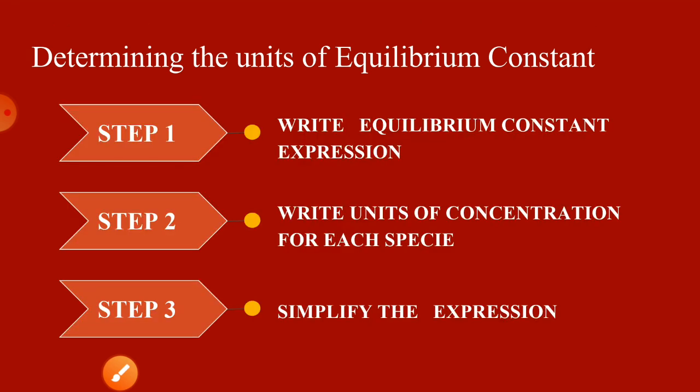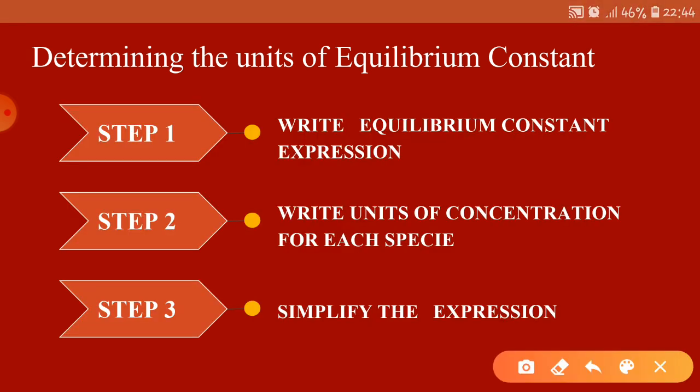Here are some steps that are used to determine the units for equilibrium constant. Step 1 is that we have to write an equilibrium constant expression for that balanced chemical equation, and we have practiced writing this equilibrium constant expression in our second lecture.